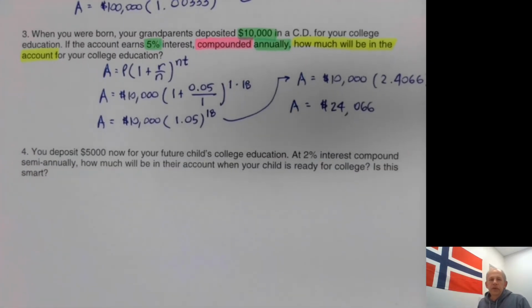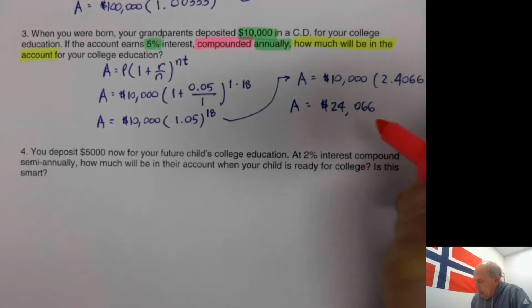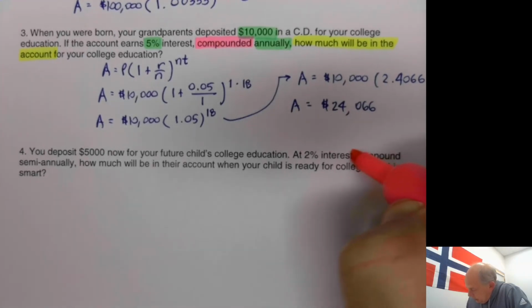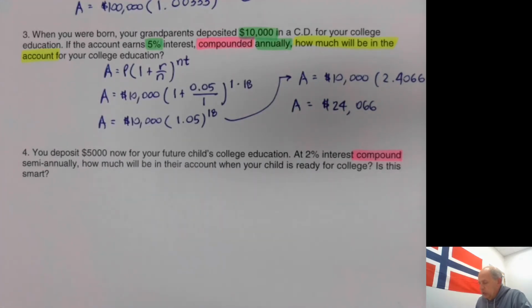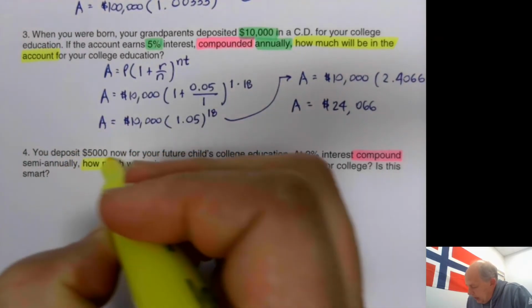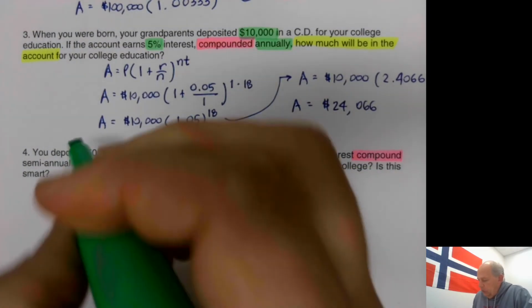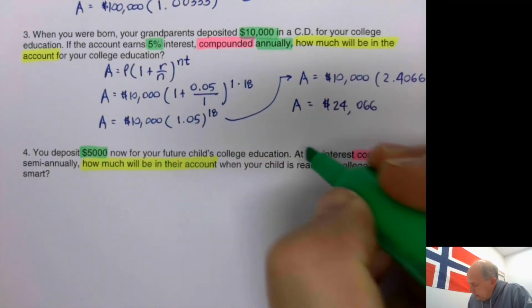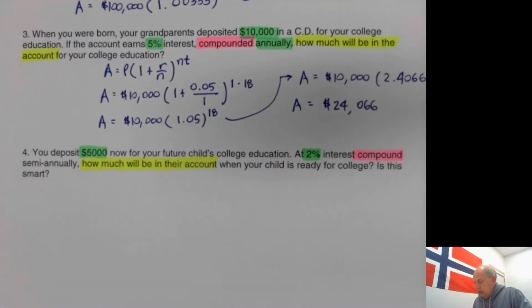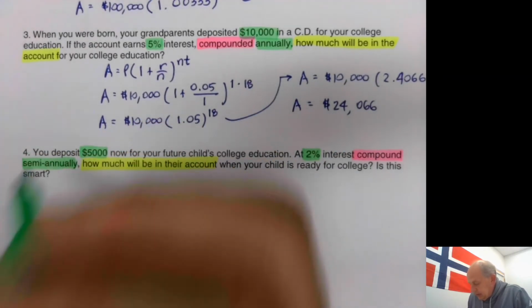Let's get even more futuristic. Let's say you deposit $5,000 for your child's college education, where it gets a little futuristic. You know that your money is going to be compounded. How much money will be in the account? You start out with $5,000 at 2% compounded semi-annually.